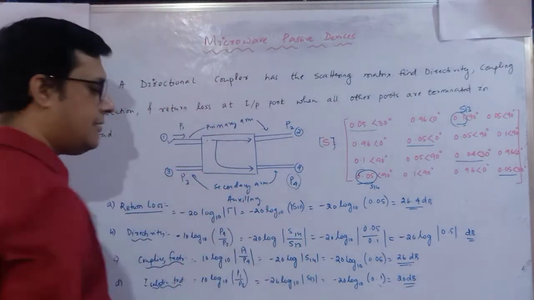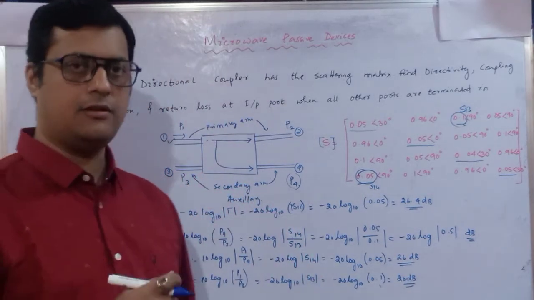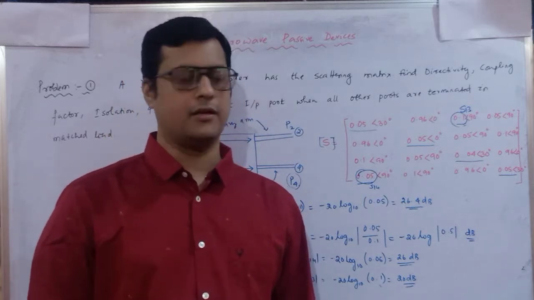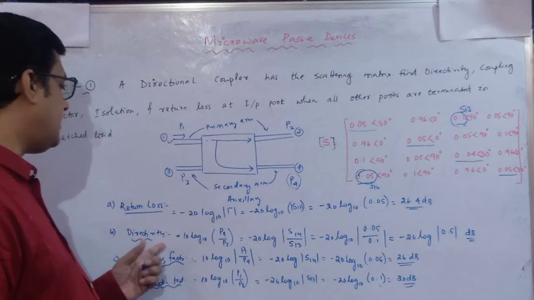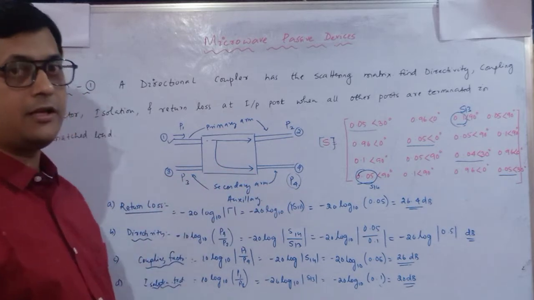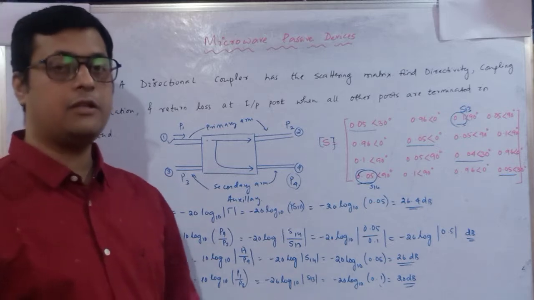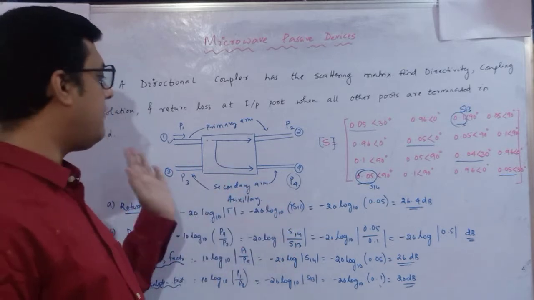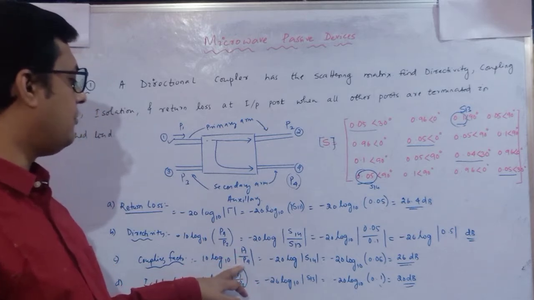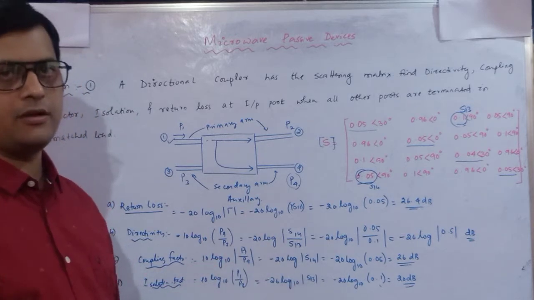So like this you have to analyze, calculate, and see which scattering parameter is suited for it. In this case, for the directivity, the power available at port 4 and port 3 is linked with whom? Linked with port 1, so I have written it directly with respect to port 1. Similarly here, port 1 and port 4, I have written S14 because these are coupled.